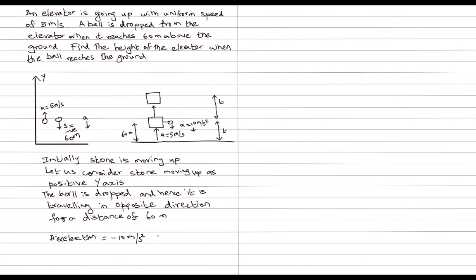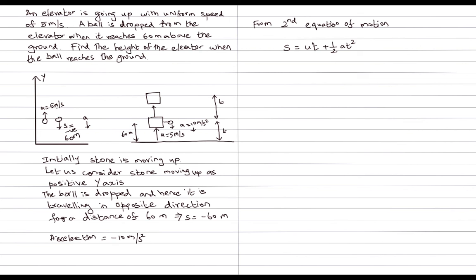We know that there are three equations of motion, so let us consider the second equation of motion. From the second equation of motion, S equals ut plus half at squared. S is minus 60 because we have taken the stone moving up as the positive y-axis.